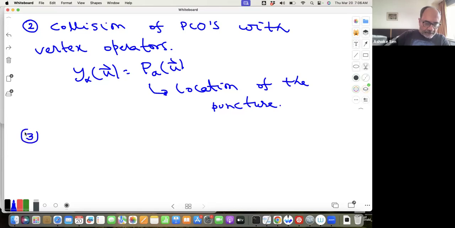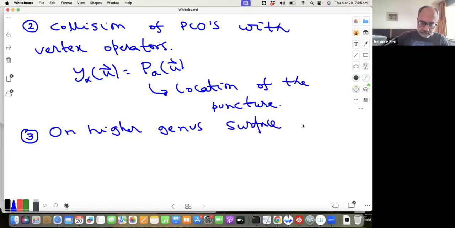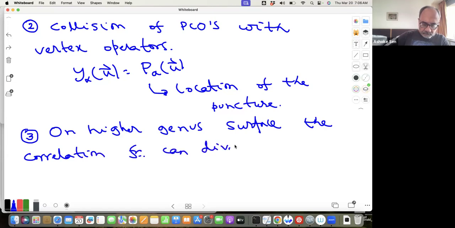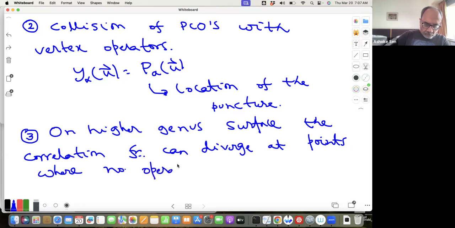And then there's a third kind of singularity. These come on higher genus surfaces, not on the sphere, where no operators collide.